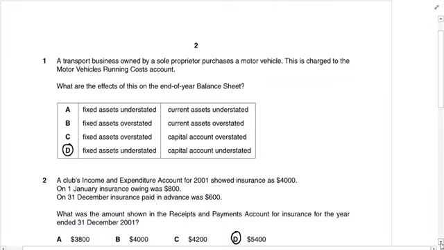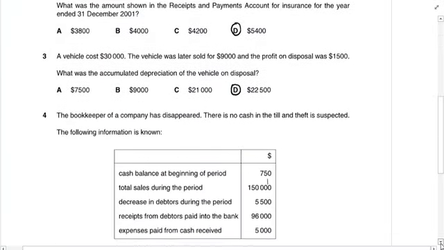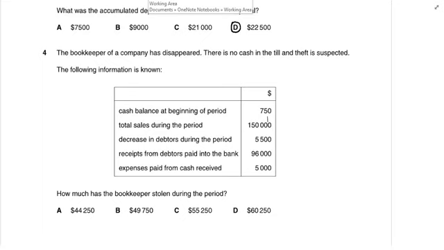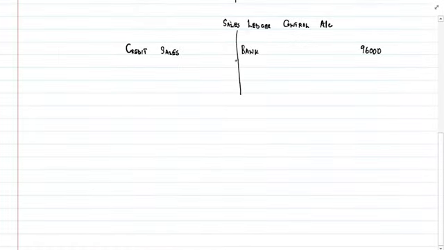Then I will look at the other figure. Right, that's a decrease in debtors. Normally I'll show you how I do it. That is 5,500. If I'm not so sure where I should put the decrease, I'll make an assumption of the opening balance here.